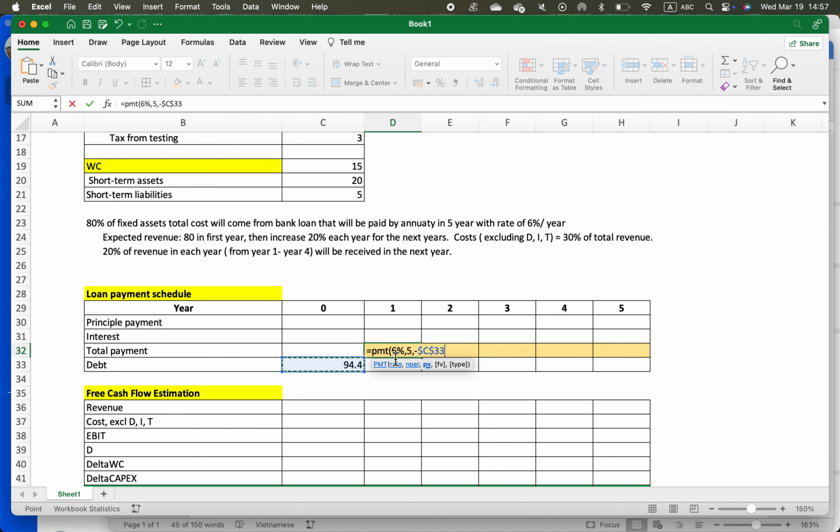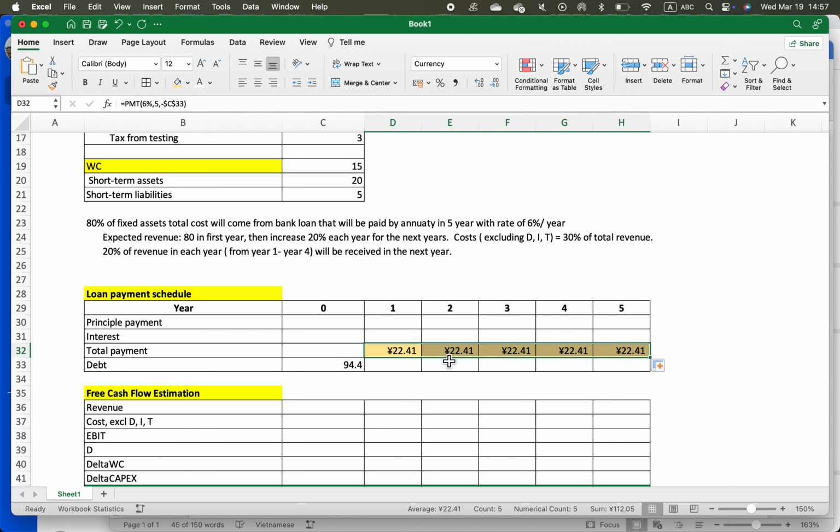Okay, enter. And now you don't need to care about the unit of currency in here. It's default in yen, Japanese yen, but actually it could be US dollars or whatever. Just don't care about it. Or I might change it to US dollars.